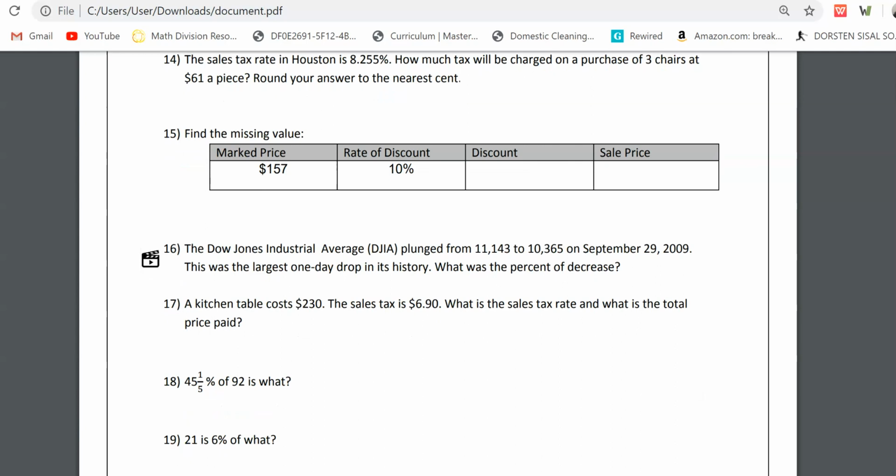All right, number 16, the Dow Jones Industrial Average plunged from 11,143 to 10,365. On this particular date, this was the largest one-day drop in its history. What was the percent decrease?